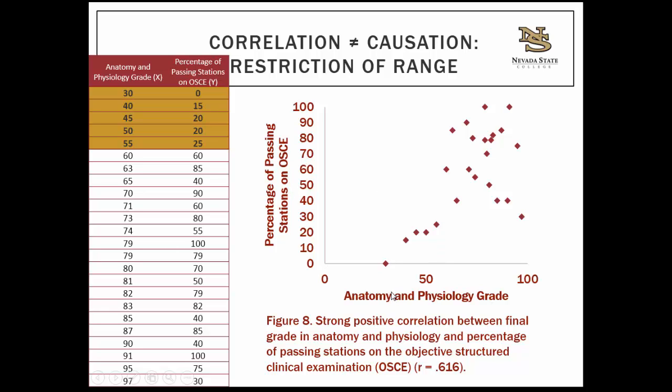So we'd have restriction of range. We'd only be left with people who scored high enough to get hired. So we would only have performance data from people who scored well, and we would probably underestimate how well that selection test predicts performance. Again, we wouldn't have those values in the low end, just like we have here. Restriction of range. Another reason why correlation does not equal causation.